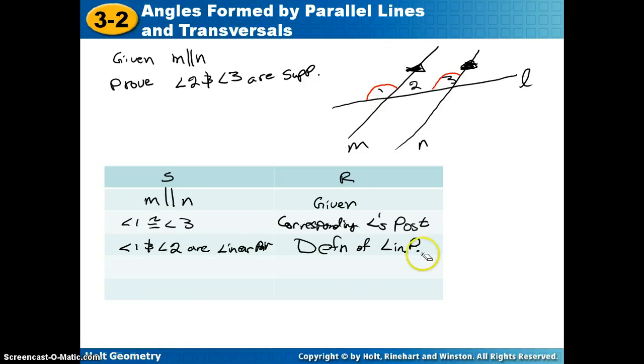Now, I'm actually going to write the word pair right out. Now someone said, oh, hey, they're supplementary. They are. Angle 1 and angle 2 are supplementary. And that's from the linear pair theorem.